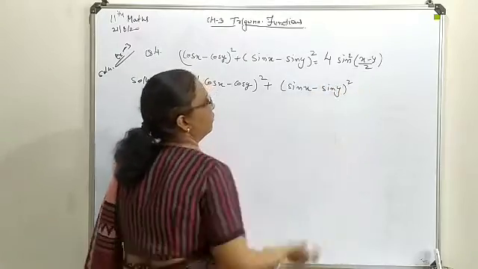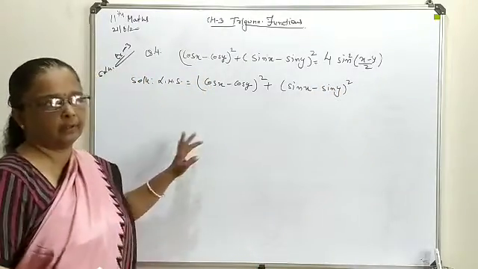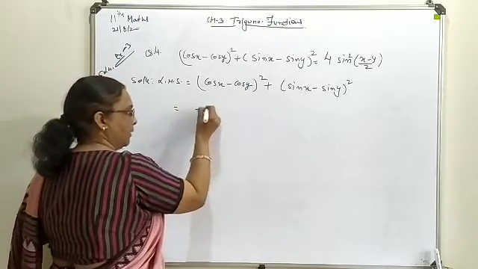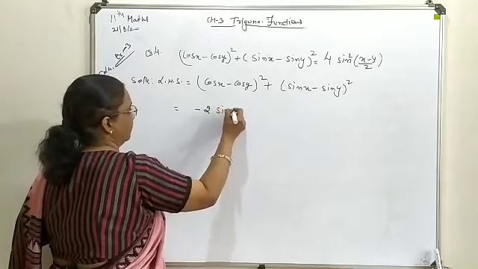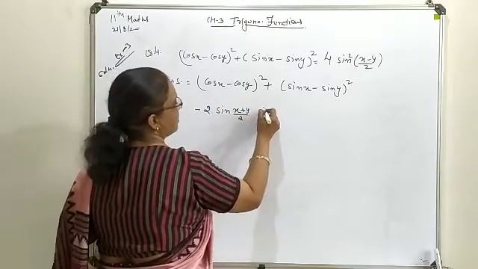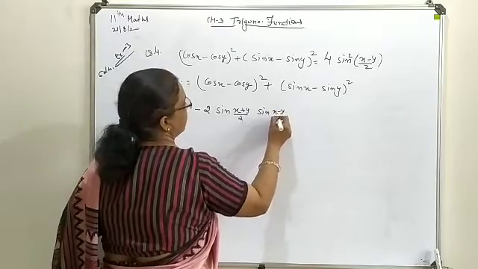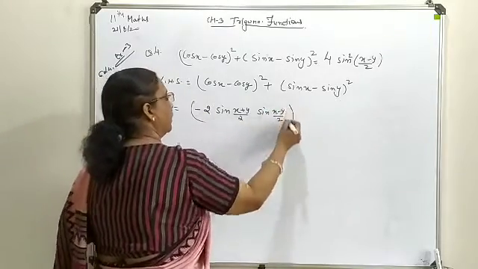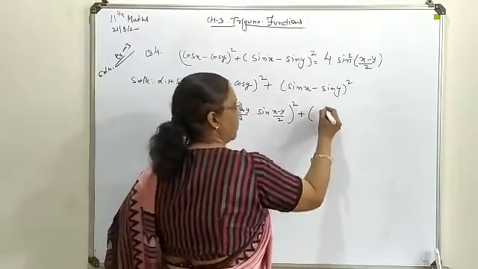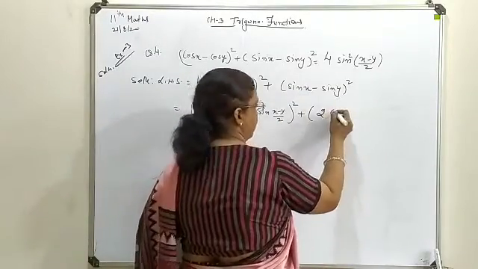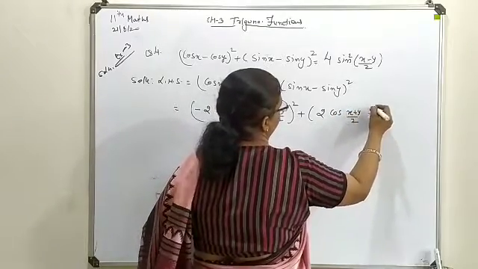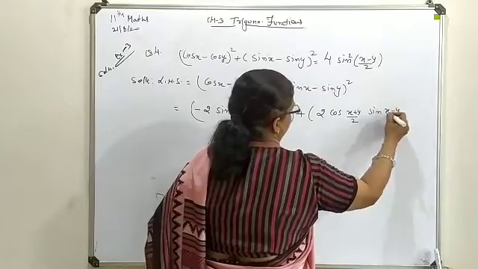These are the direct formula forms, so separately there is no need to write their respective forms. Now here, this will give you minus 2 sin (x plus y by 2) sin (x minus y by 2), make it whole square. Here you are having 2, because of the negative sign, cos you will write first, followed by the sin combination.